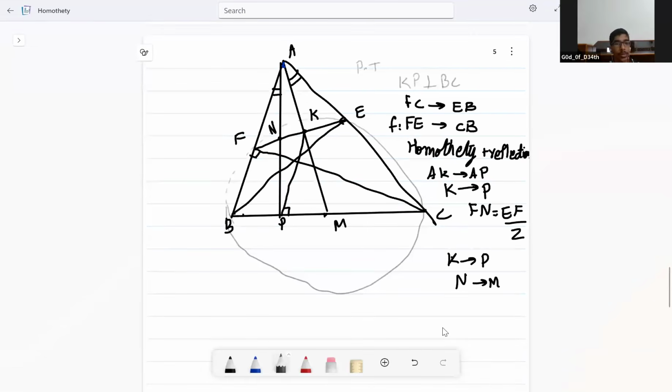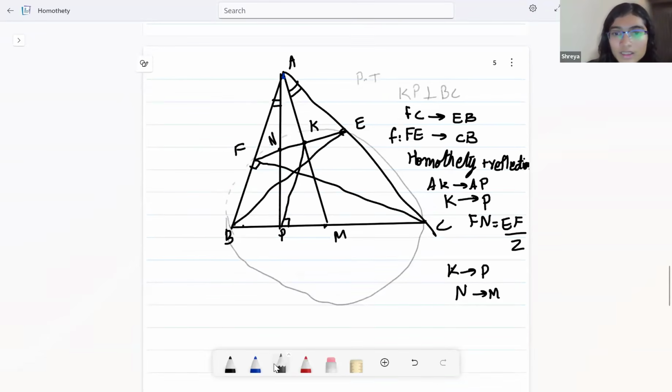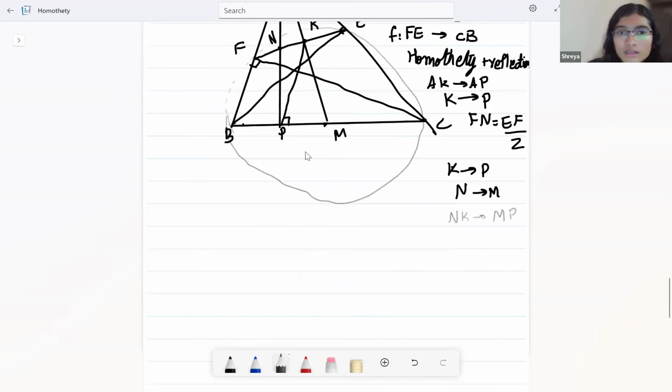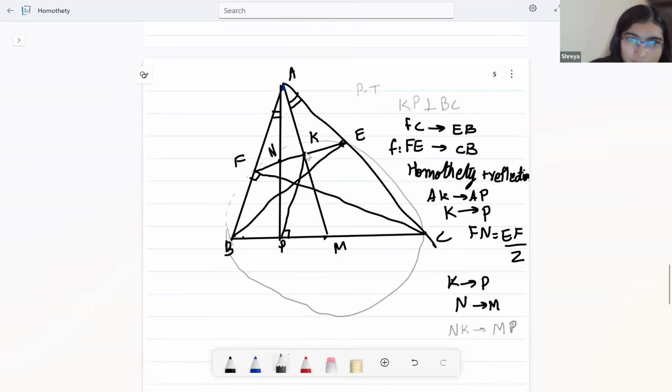Sorry. So we have this, which is similar to what we had before. Now we have this thing which takes NK to MP, and this is a homothety plus a reflection about the angle bisector of angle BAC. But because of these angles, the angle bisector of BAC is the same as the angle bisector of PAM.